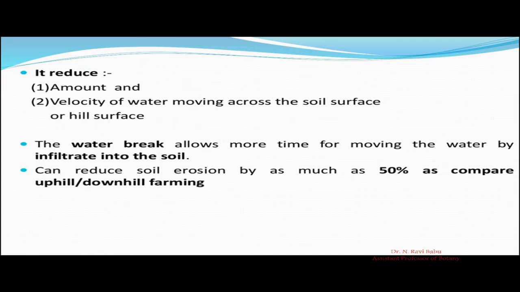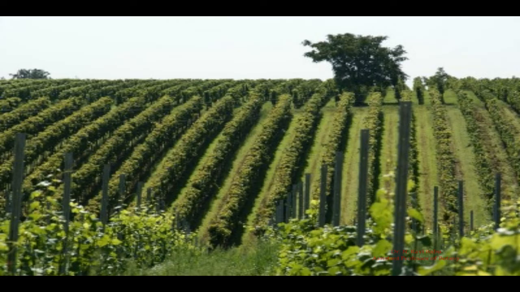The other one, field strip cropping. Here the crops are grown in strips of uniform width in a horizontal manner. So you can understand, in contour strip cropping, following the natural slopes, the land is not even, having many ups and downs.